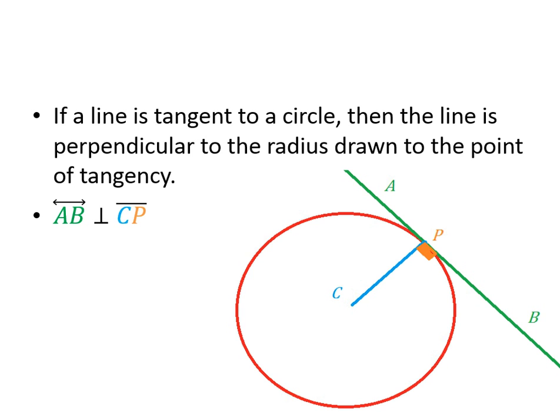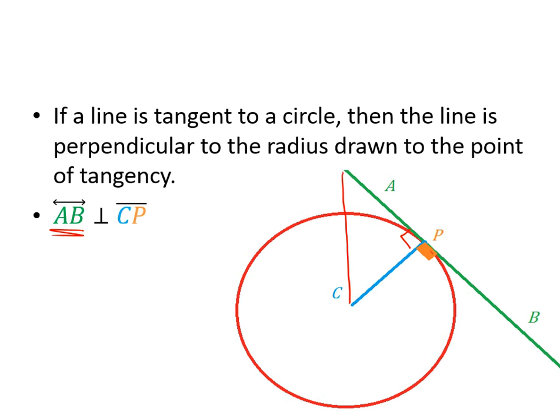One nice thing with this is that you end up creating right triangles to help you find different pieces. That's what this is saying: line AB, the tangent, is perpendicular to segment CP.